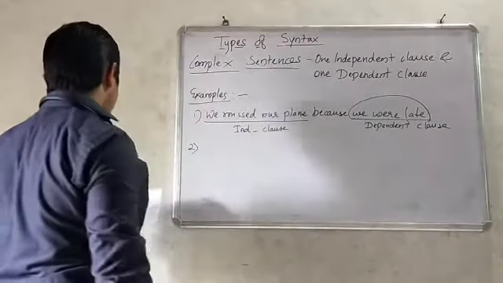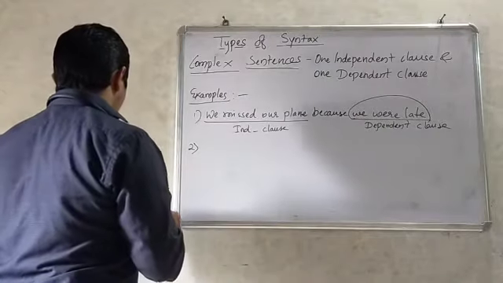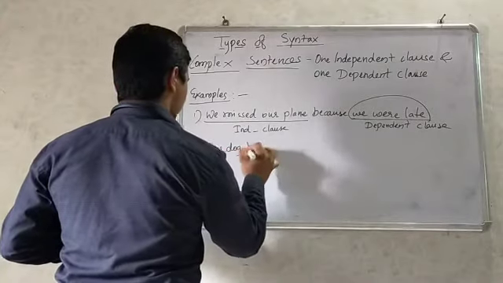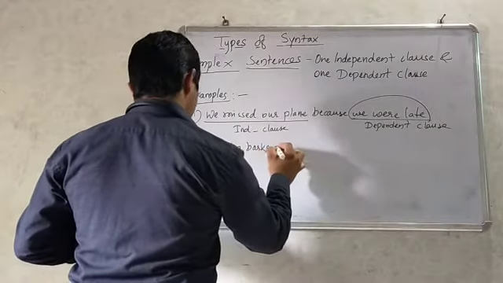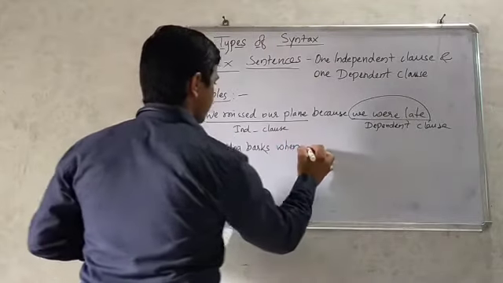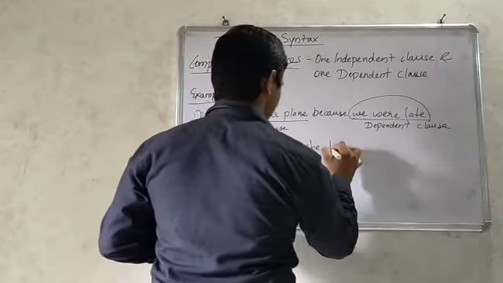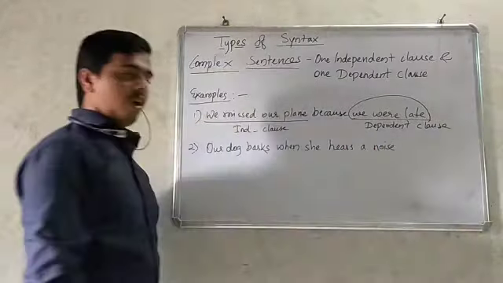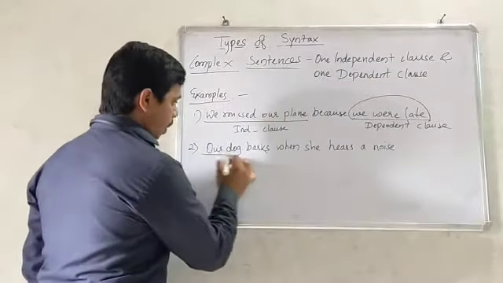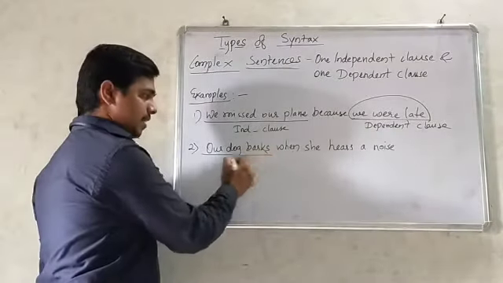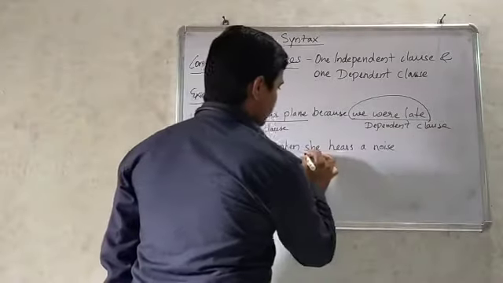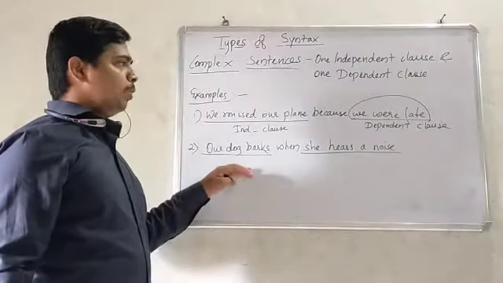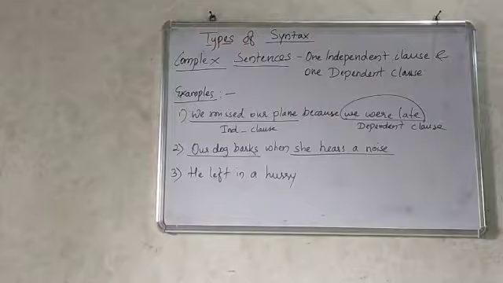Now let's see the second one. Our dog barks when she hears a noise. Again look at this sentence. Our dog barks, this is the complete sentence. She hears a noise is the dependent clause. So there are two clauses, one is independent.